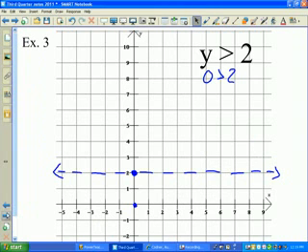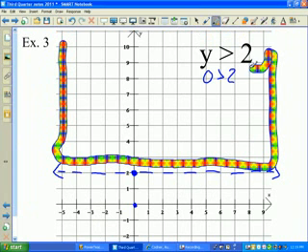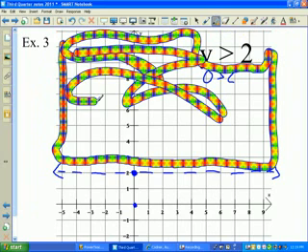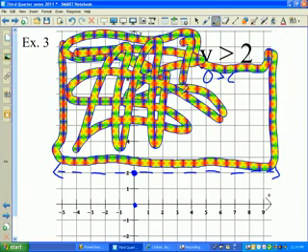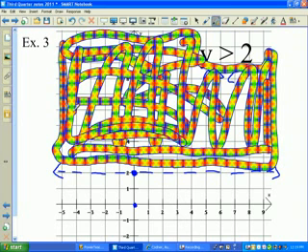No. So we're going to shade the side that does not include (0, 0), because (0, 0) is below that boundary line, and 0 is not greater than 2. So we shade the side that is away from it because it is not a true statement.